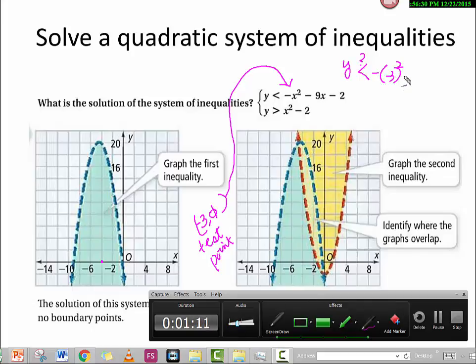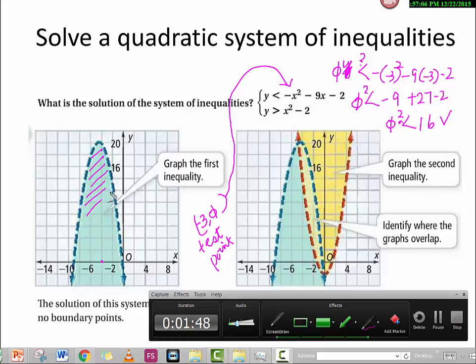So negative 9 plus 27 minus 2, I got 16. Is 0 less than 16? Yes, it is true. Since it's true, we're going to take this part. I shaded it with the pink line so you can see it.